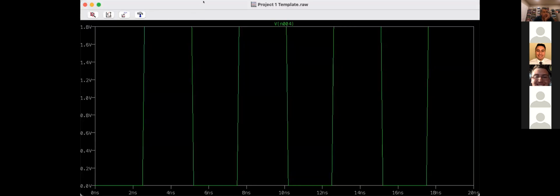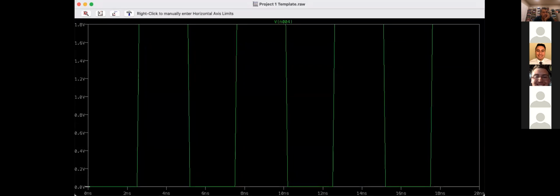So let me do a simulation, and then I'm going to plot the input just so you can see it. Okay, so this is what that waveform was. It waits 2.5 nanoseconds at 0. Remember, we had a T delay of 2.5 nanoseconds.